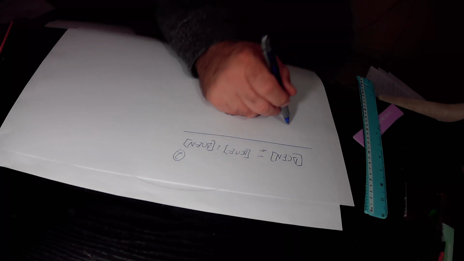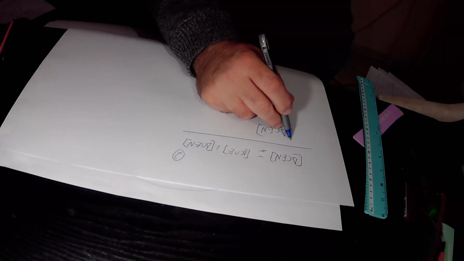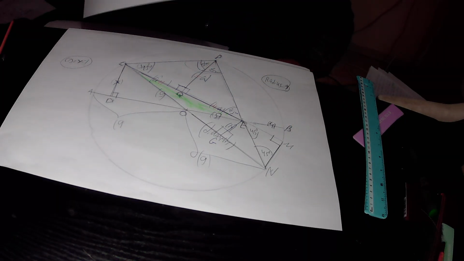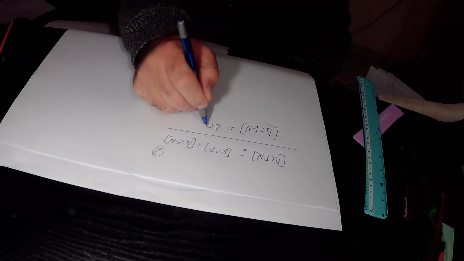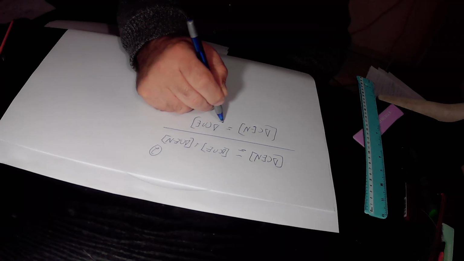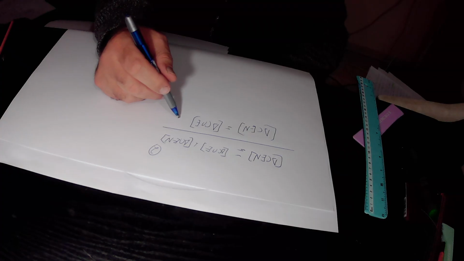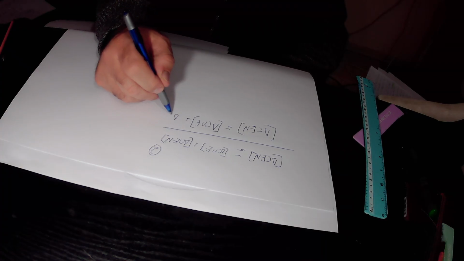And we get that the area of this big triangle CEN equals the area of the green triangle COE plus the area of the green triangle COE.